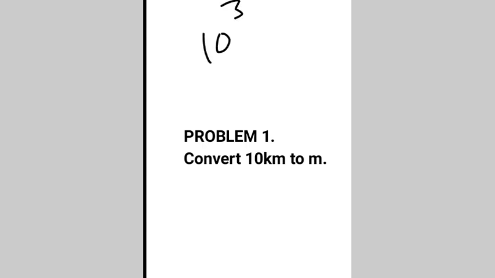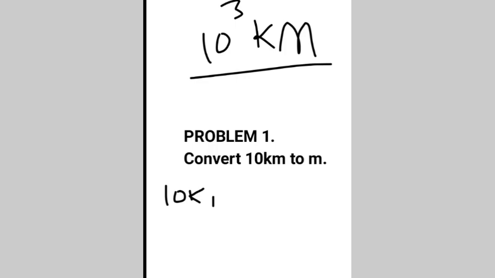So to convert 10 kilometers to meters, we are going to have 10 kilometers multiplied by 1000, since kilo means 1000, that is 10 power 3.